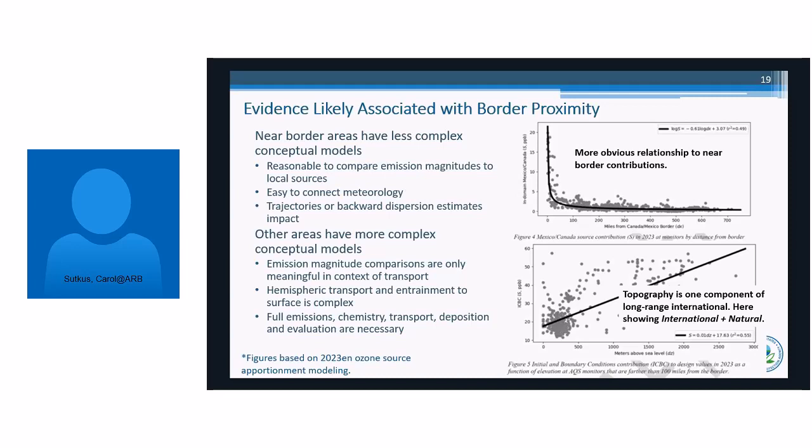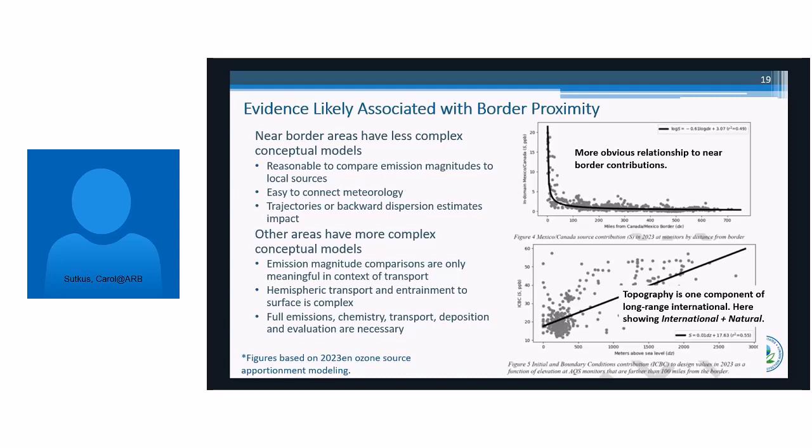The citations are in the draft guidance. And you can see a clear and distinct relationship between the Canada and Mexico contribution and the distance from the border. Because those distances are quite short, it's easy to connect from a meteorological analysis standpoint, and the trajectory or backward dispersion estimates are reasonably interpreted as related to the effect.